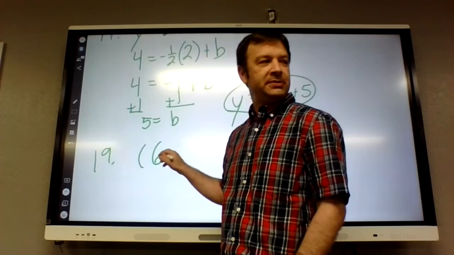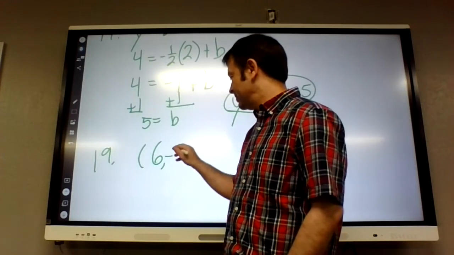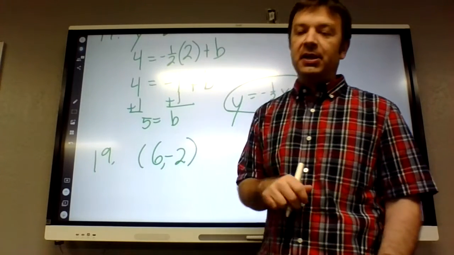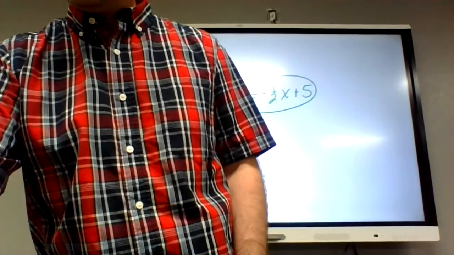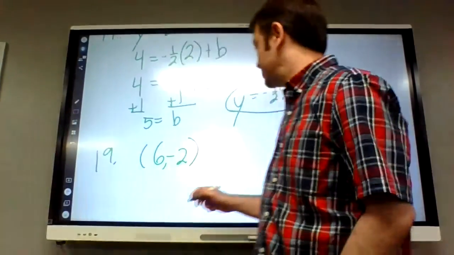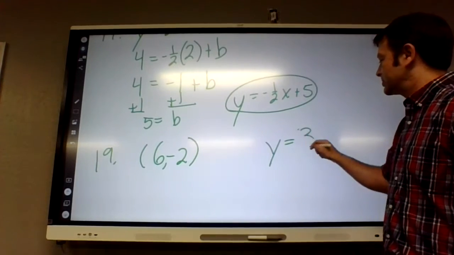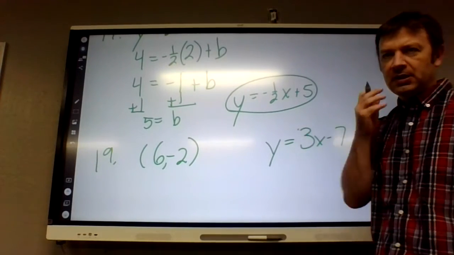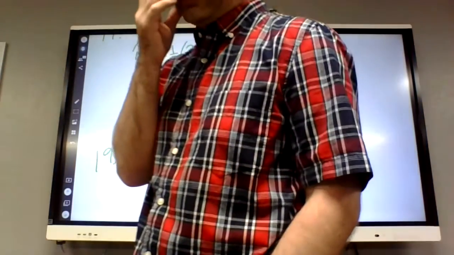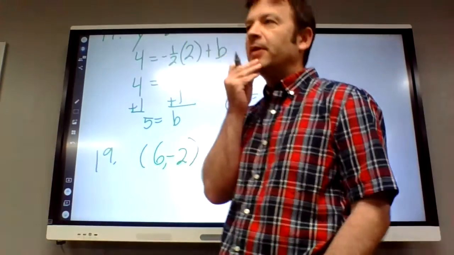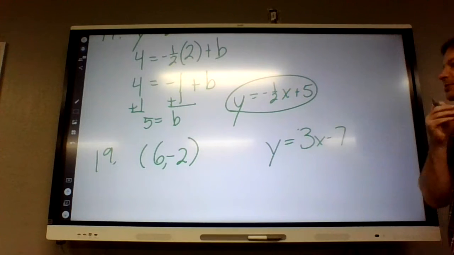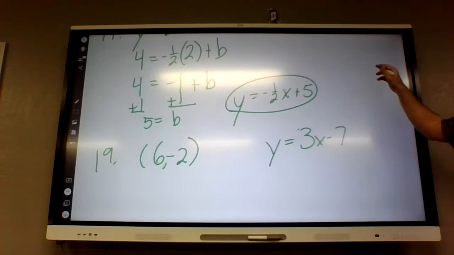19, the line passes through (6, -2), and it's perpendicular to y equals 3x plus 7. What do we know about the slopes of perpendicular lines?